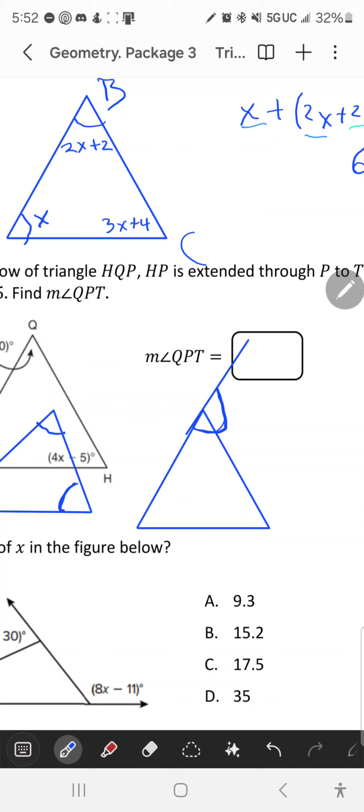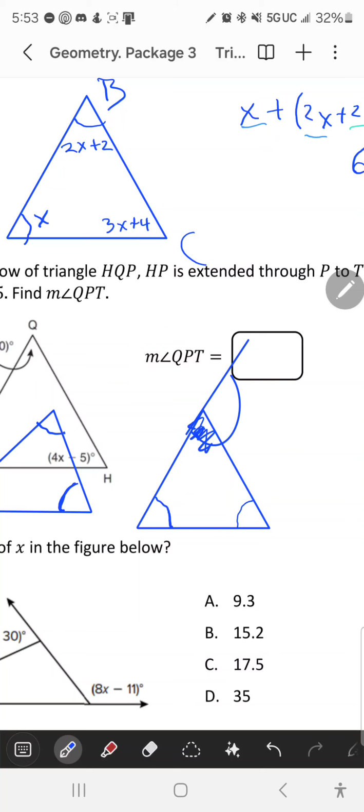You know that this forms a semicircle, so we are not counting this one. The two other angles that are not adjacent to that angle, the sum of them, is going to be equal to that angle. And that kind of makes sense.